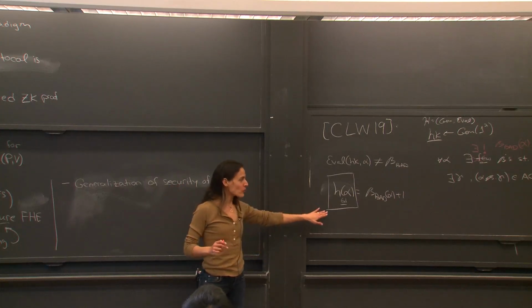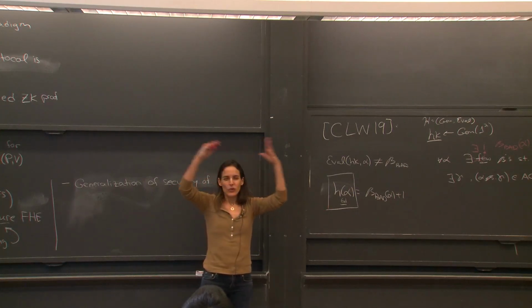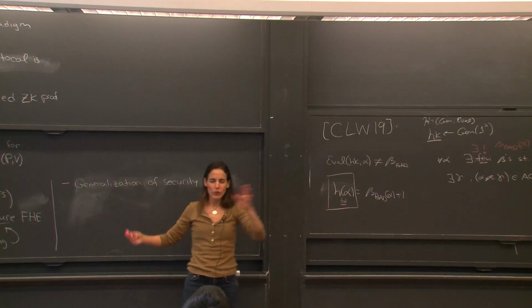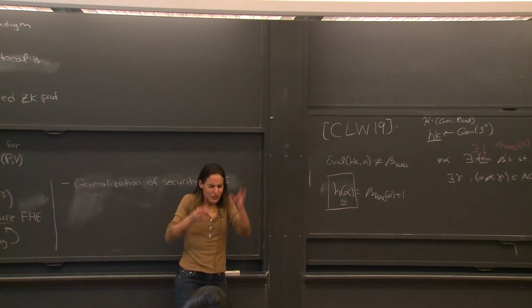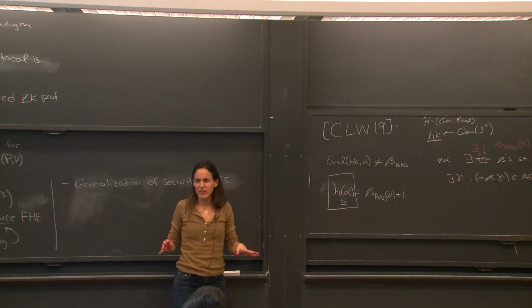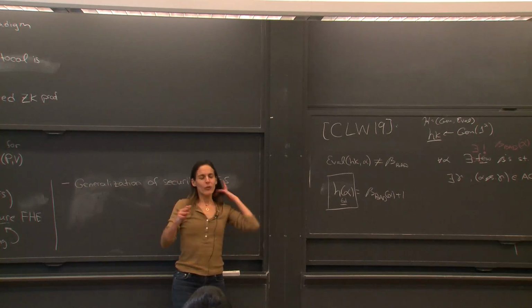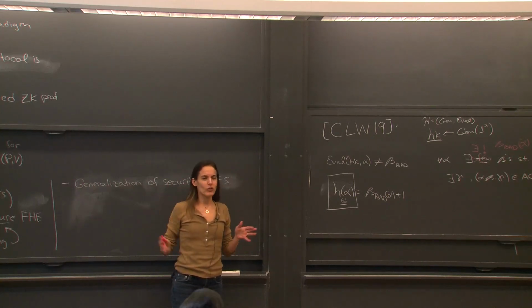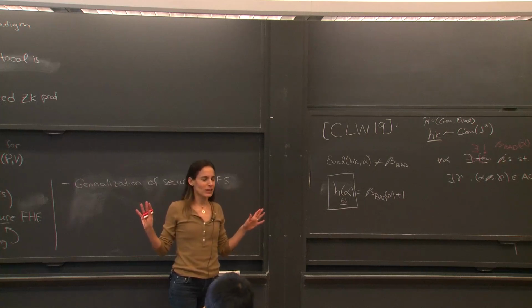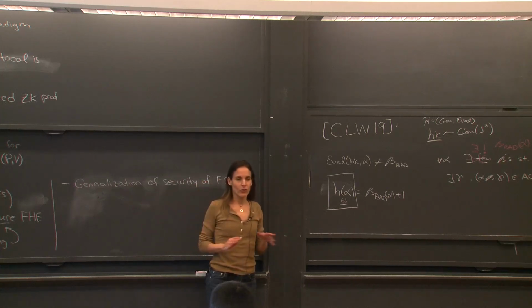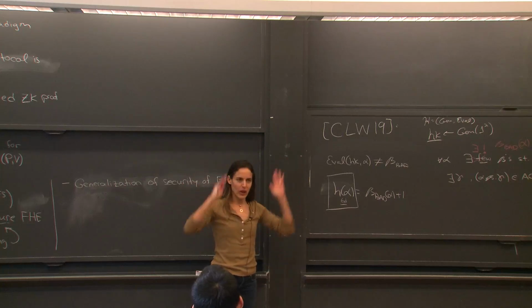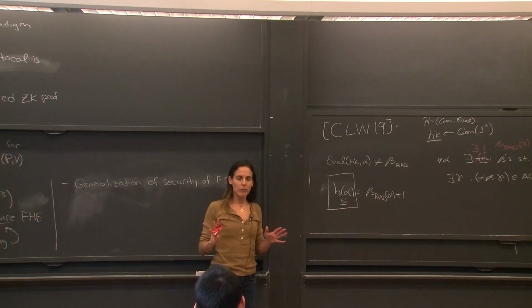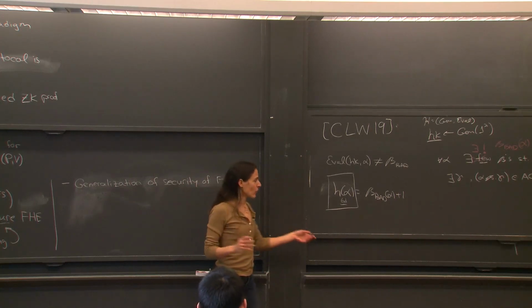One option is to throw what's called obfuscation at this. For those who don't know obfuscation, don't worry about it. Essentially it's garbling so that the trapdoor will be really hidden there and nobody will be able to find it. Even that was a messy approach, and we got really strong assumptions, which I have no idea if they're true or not. A bunch of papers followed that approach. Very complicated.